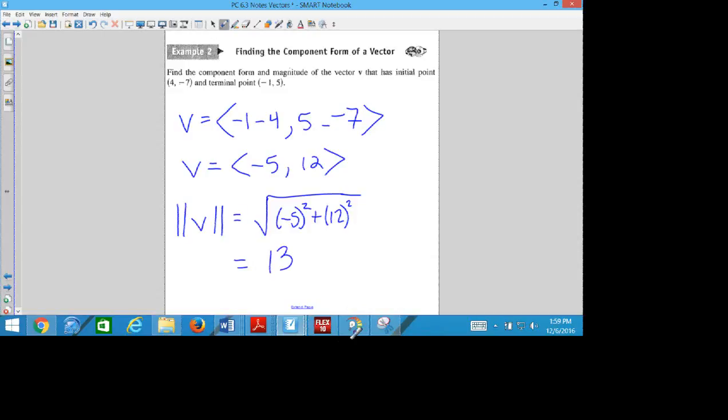How did I get that so fast? 5 squared plus 12 squared, square root is 13. Did you just do -5 plus 12 because of the square root? No, I did not. Spell out your 13. It's a triple. Yeah, it's a 5, 12, 13 triple. So this is Pythagorean theorem. That's what we're doing. If it's a triple, it should go a little faster. They're not always triples. It might be a square root or something. Okay, so that's finding component form and finding the magnitude from the component form.